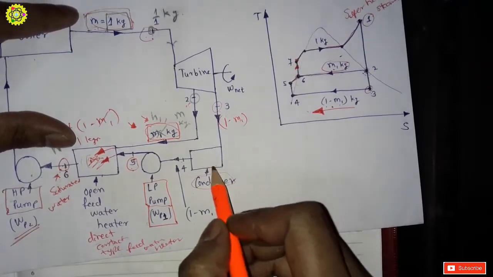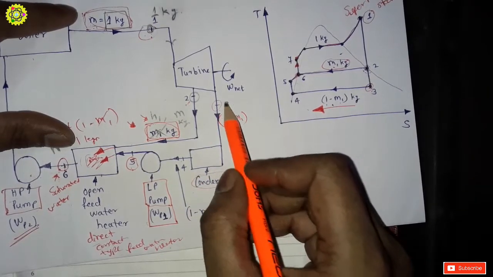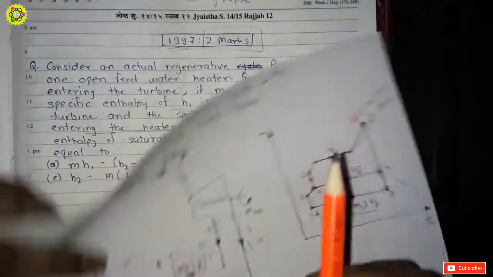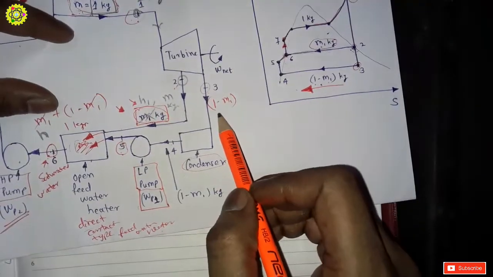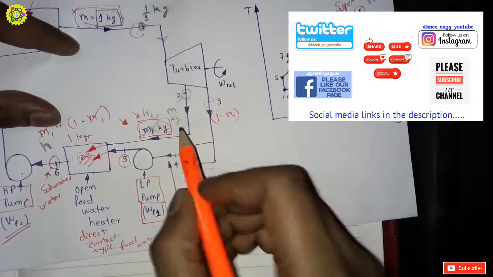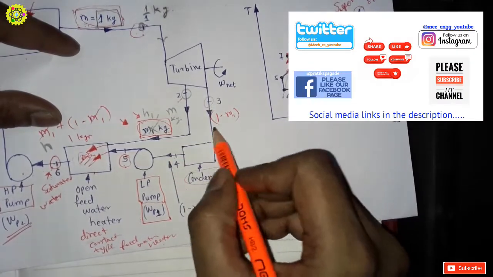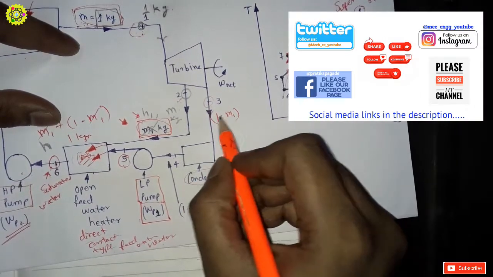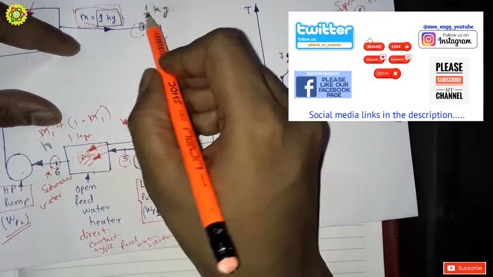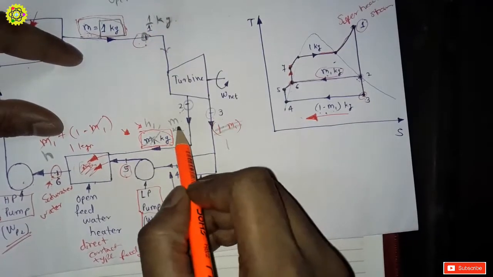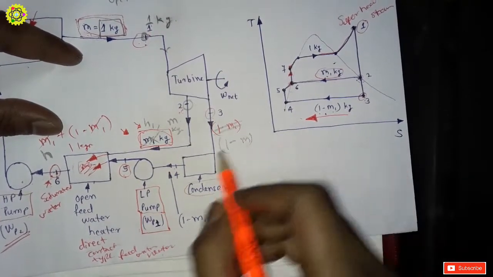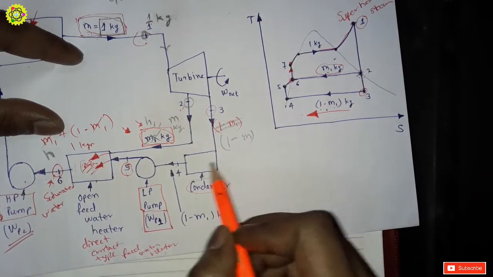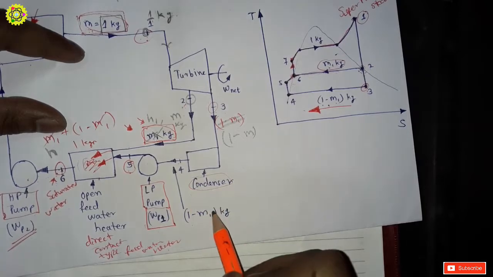After the steam is bled at this point, the remaining mass is 1 minus m kg. This whole mass of expanded steam goes to the condenser and gets liquefied.